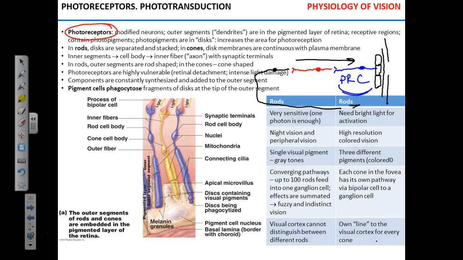Well, guess what? Our vision, it's good, but it's by no means the best. And part of it is the anatomical arrangement of cells in the retina. Which arrangement would be better? Like best? Ganglion? Yep, that would be ideal, right?